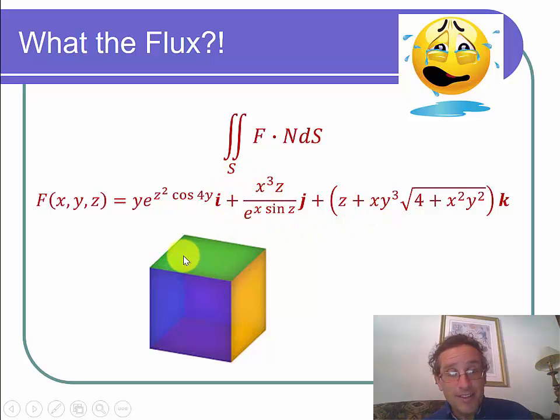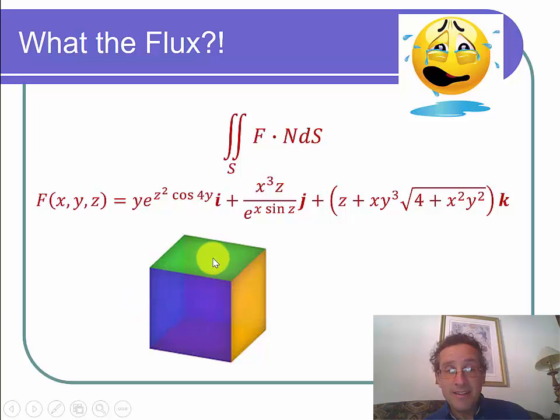The surface itself doesn't look too bad at first glance because it's just the unit cube. And the unit cube, look how friendly it is until you delve deeper and realize what you're going to have to do. The unit cube has 6 different sides.